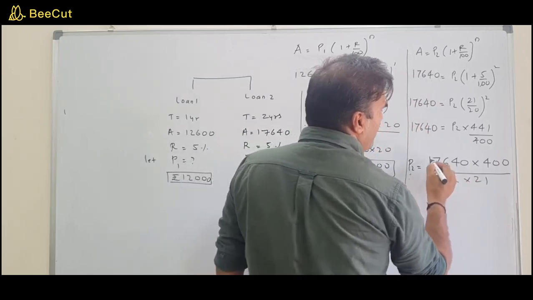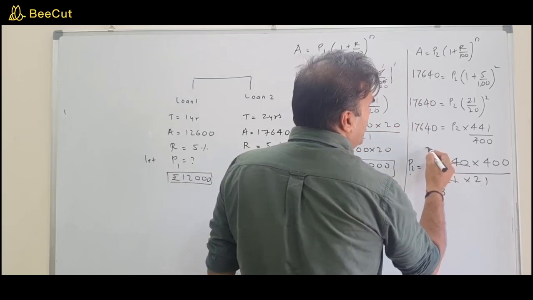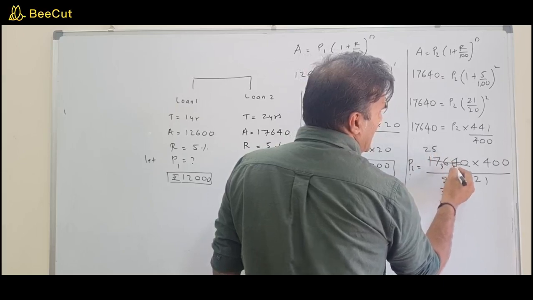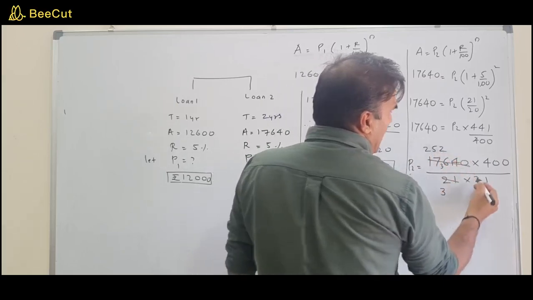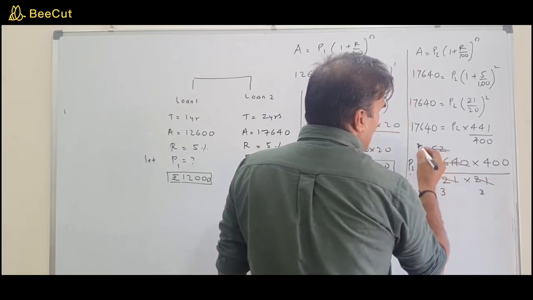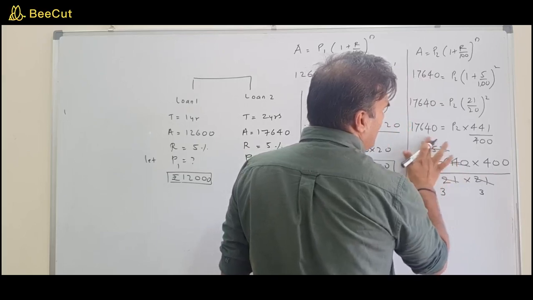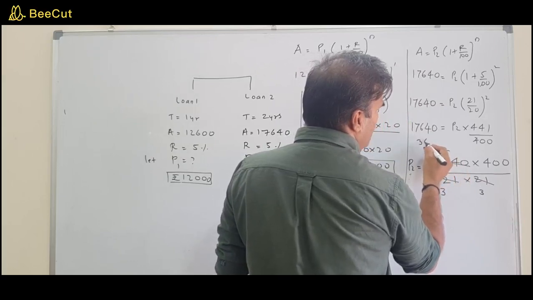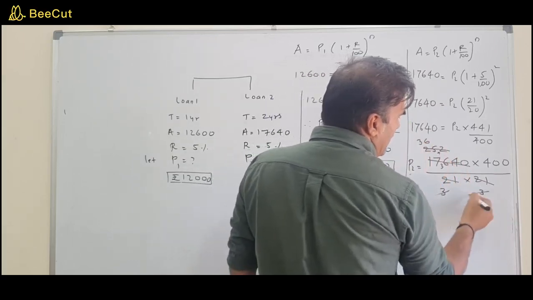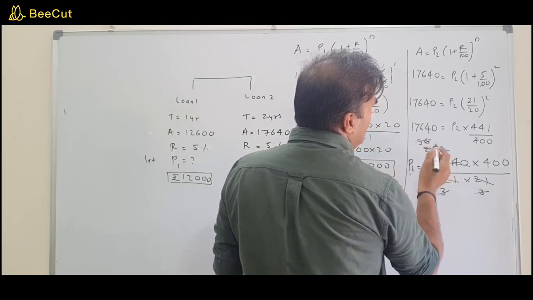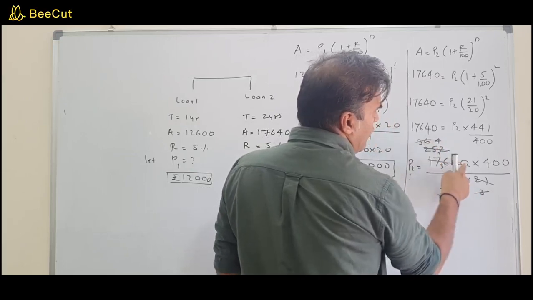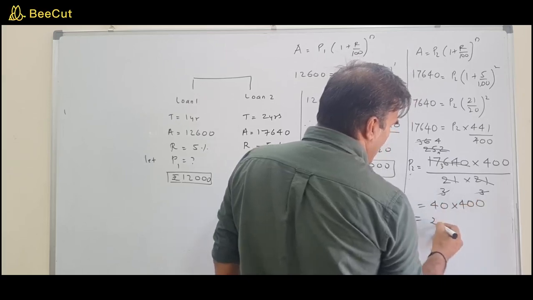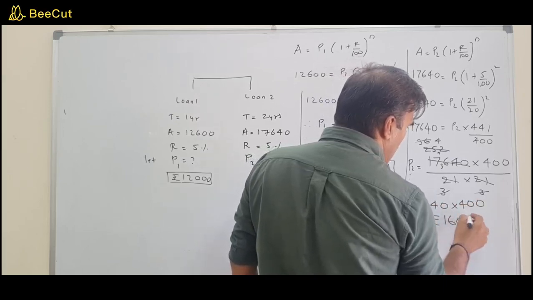Dividing 17,640 by 21 gives 840. Now 840 multiplied by 400 will give you 16,000.